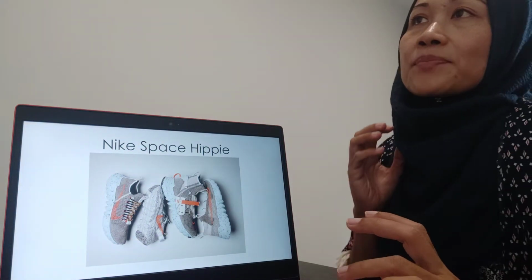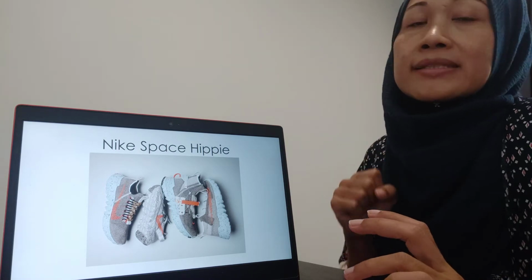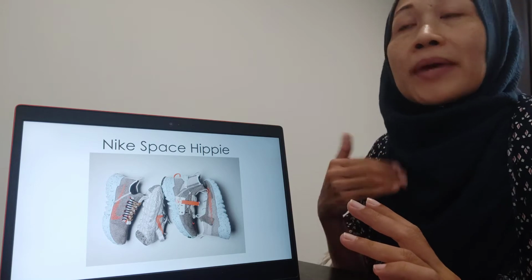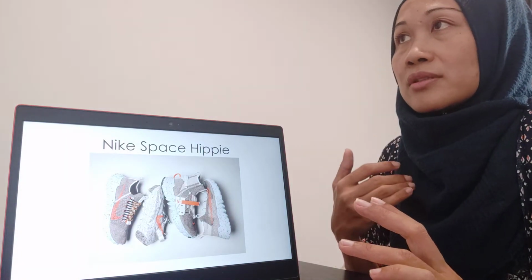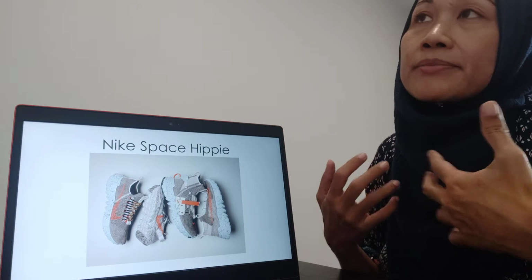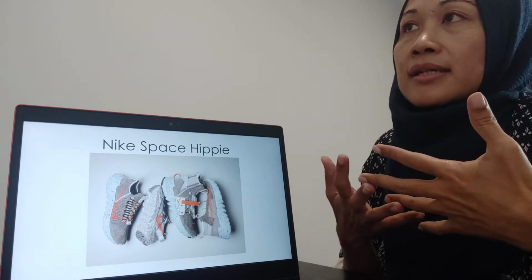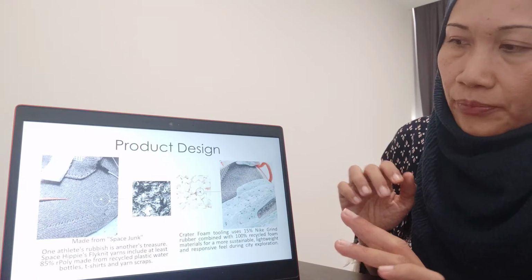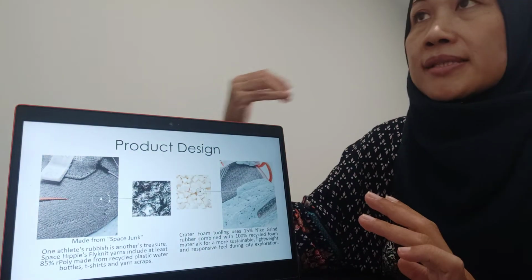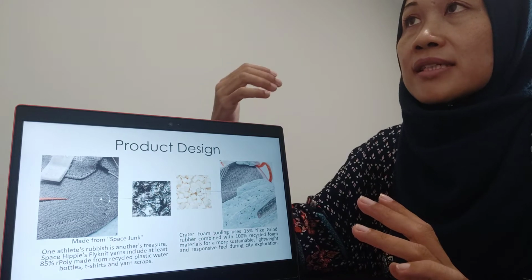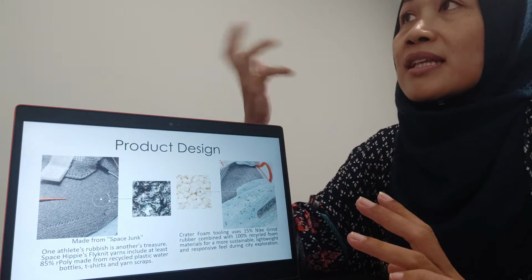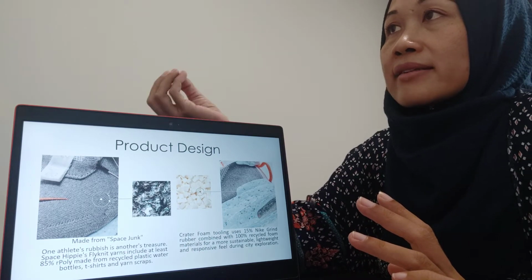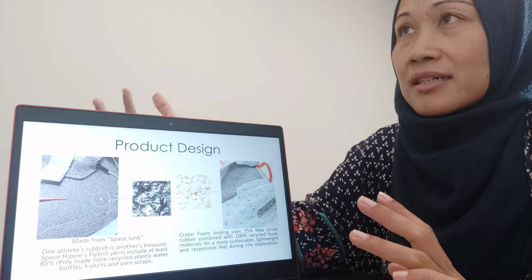Okay, the Space Hippie silhouettes, from material choices and method of make to packaging, were chosen with consideration of environmental impact. And the design, let me go through with you. Basically, the Space Hippie silhouettes are from material choices from what they call space junk.